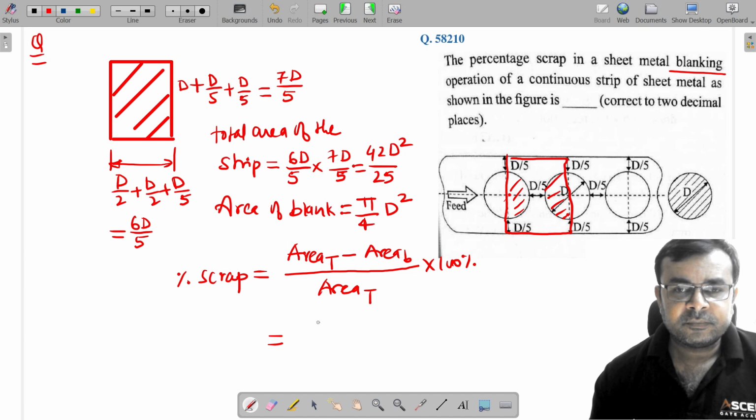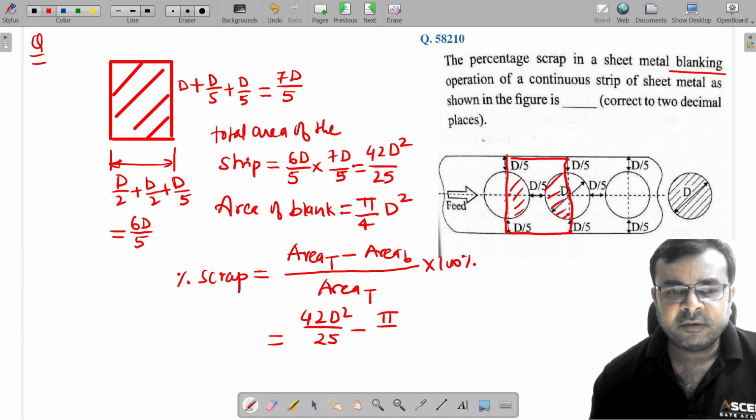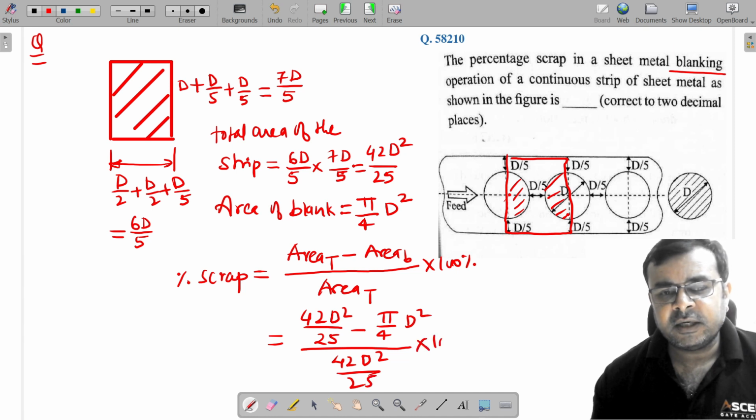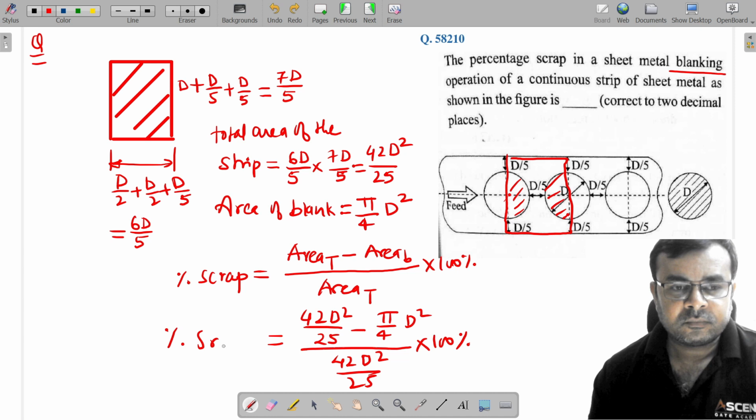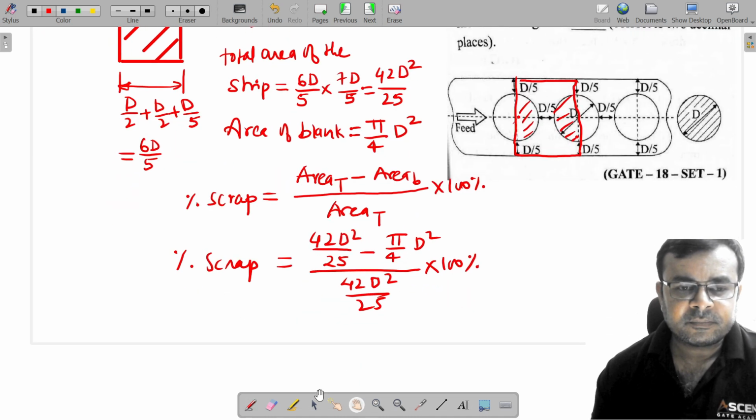So this gives us the maximum proportion, the percentage of scrap. Is that clear? So here we have 42 times d square by 25 minus pi by 4 d square, over 42 d square by 25, into 100%. Now let's see how much scrap we get.